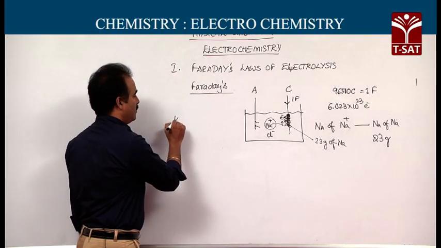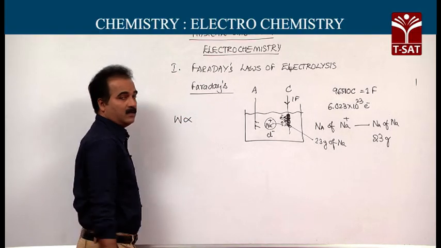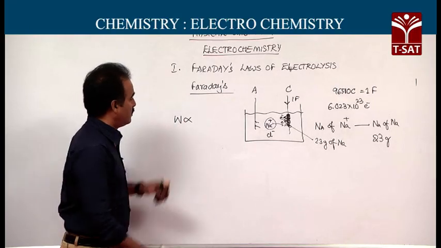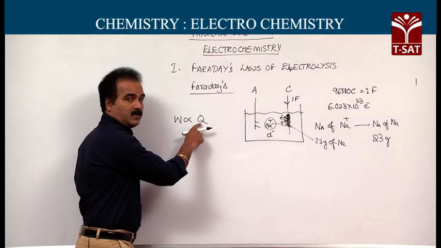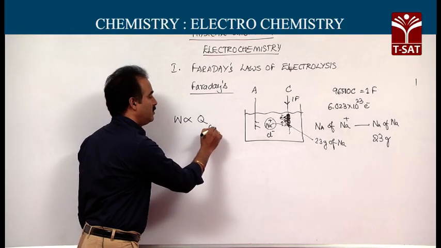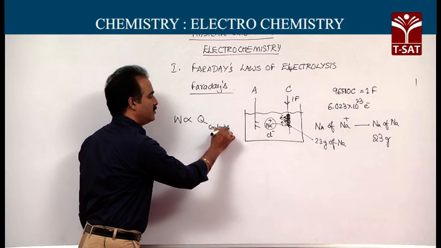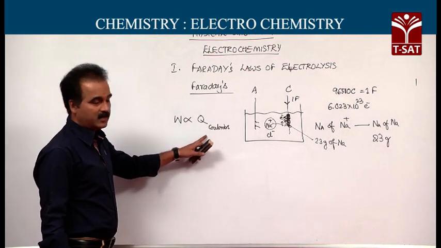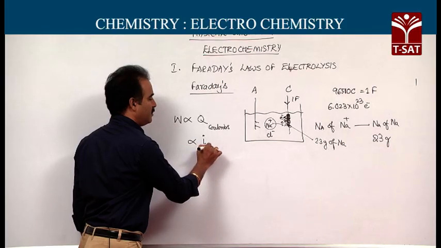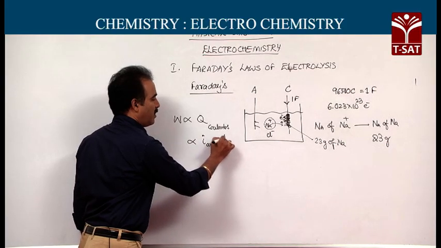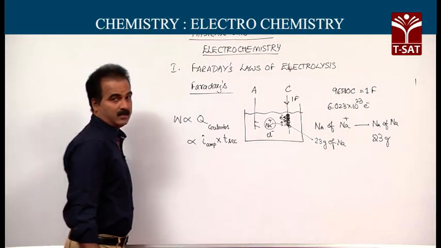So, we say the weight of the substance deposited is directly proportional to the quantity of charge passed. Here this is the quantity of charge measured in coulombs, and this Q in coulombs is nothing but current strength in amperes and time in seconds.